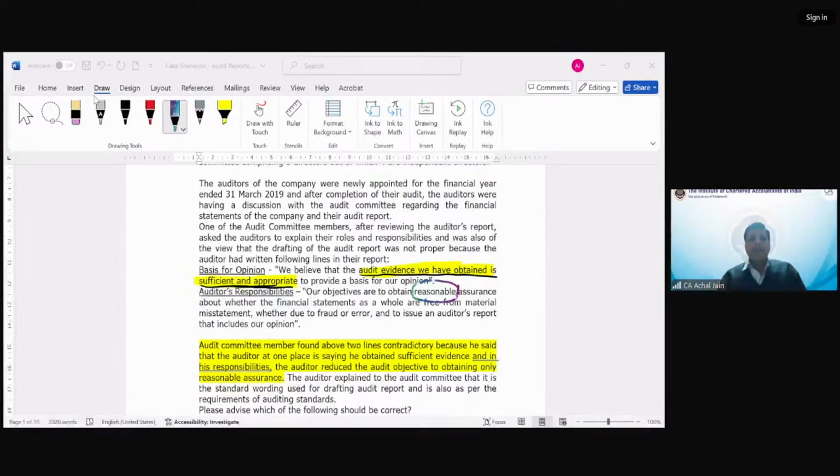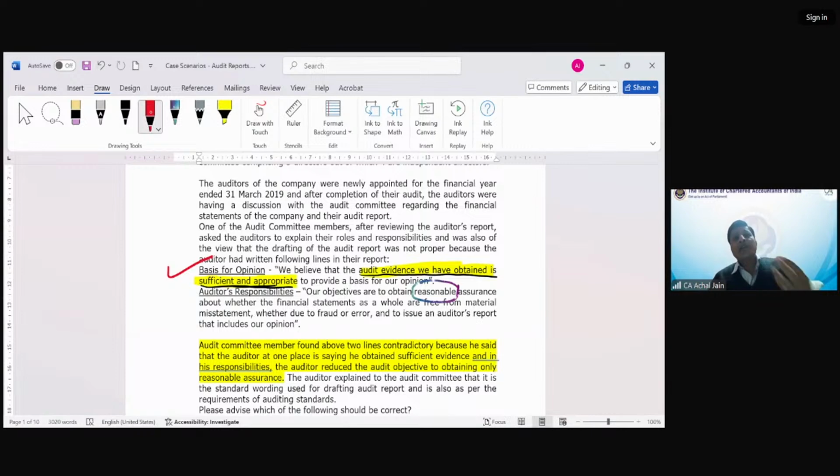I think one point over which you seem to have complete clarity is about the drafting of the audit report. Whatever the auditor has given is appropriate. Yes or no? When the auditor is talking about the basis, is that basis correct? The answer is yes. This basis is absolutely correct. Why?